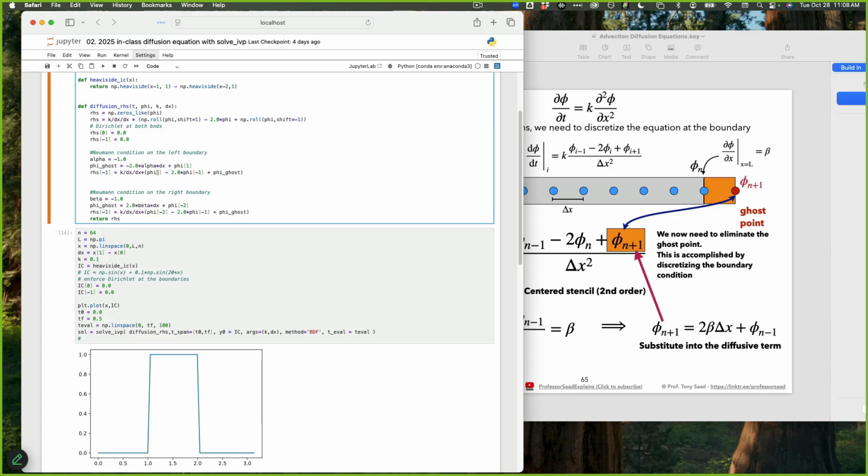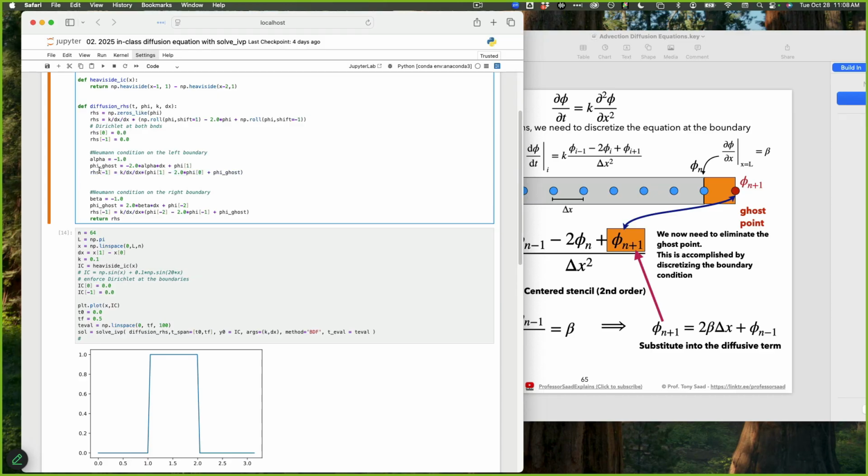So this will be phi 1 minus 2 phi 0 plus phi ghost, times k over delta x squared. Is this clear for this one? If it's not clear, let me know. We can dig through it. So those who don't have a thumbs up, is it the thumbs down?